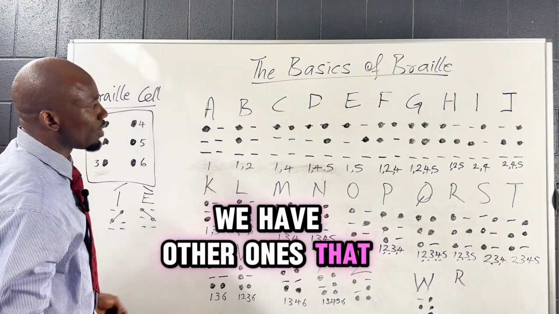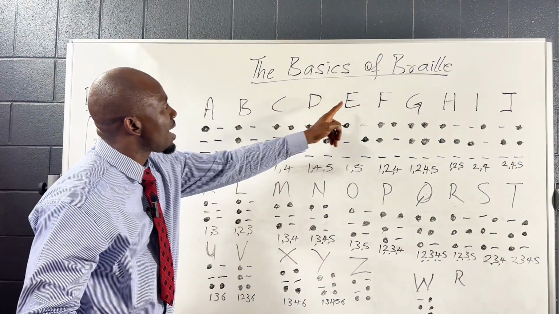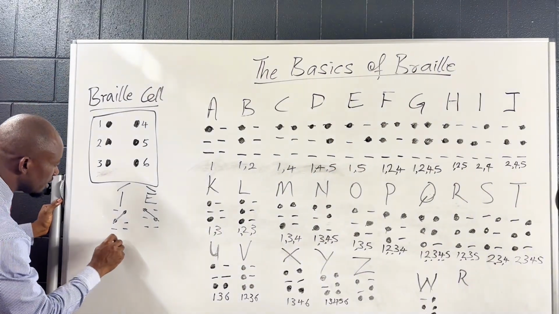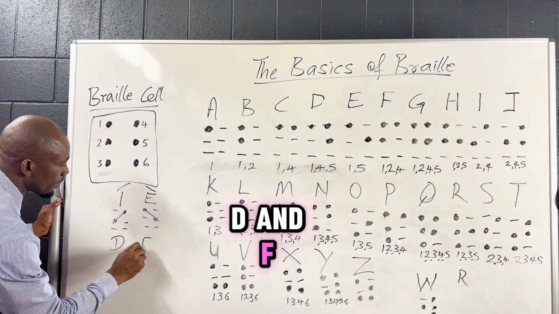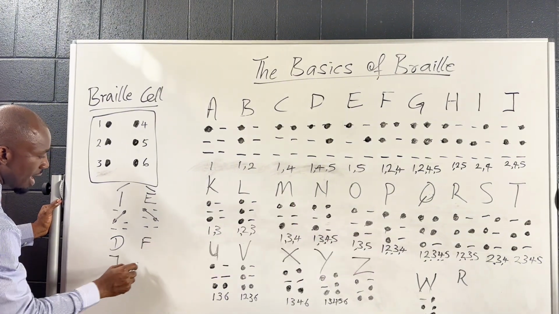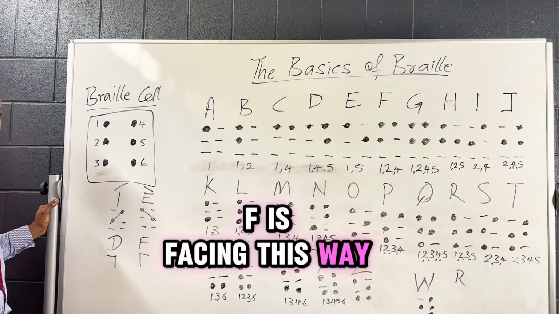We have other ones that look alike, like the D and F. D is facing this way. F is facing this way.